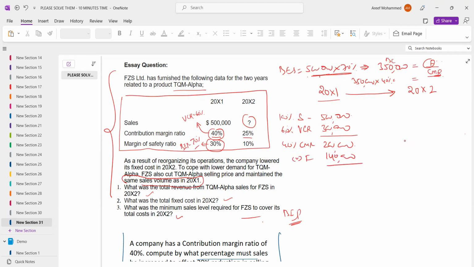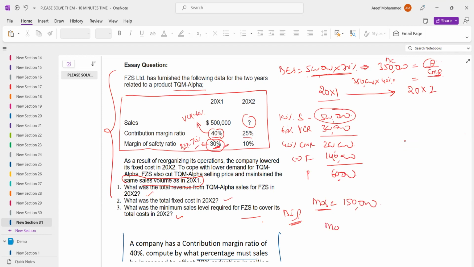This is the current level. So what is my profit? 60. Could you please tell me what is my margin of safety sales? 30% of 500,000. What is the margin of safety sales total? 150,000. Correct? Okay.